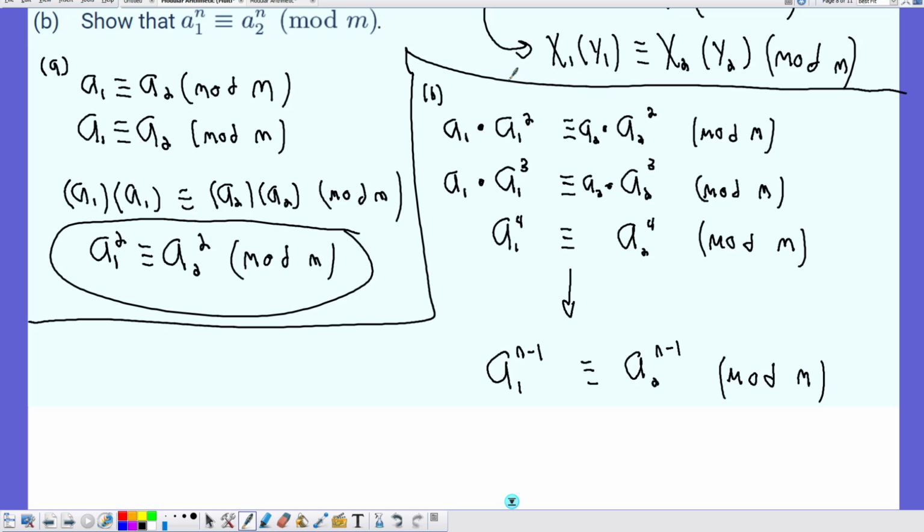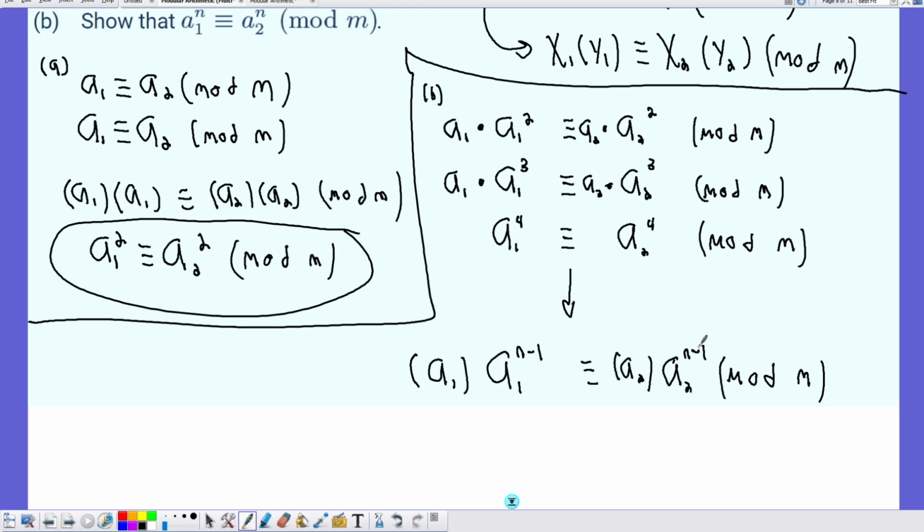Now, I'm just going to do exactly the same thing. Multiply by a1 on the left and a2 on the right. Well, let's write that. We can do a little bit better than that. So that's a1 times a1 to the n minus 1, and a2 times a2 to the n minus 1.